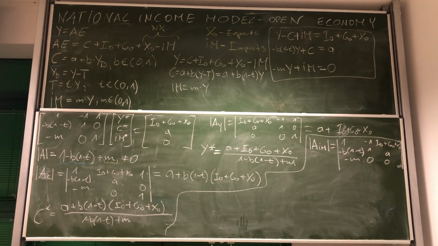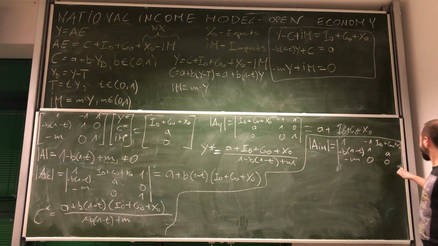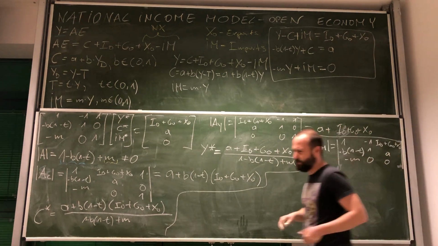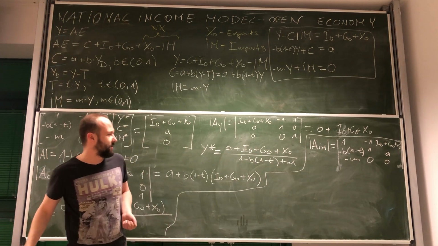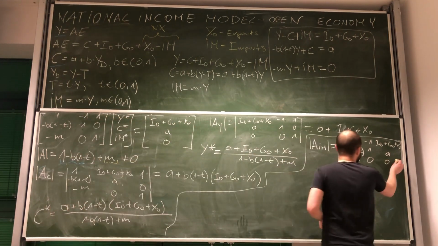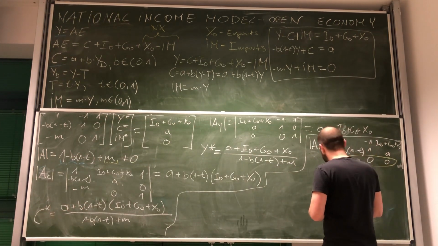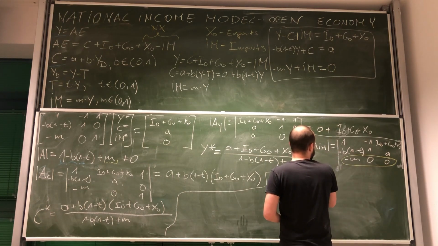In this case, we could actually use the Laplace expansion because it's really easy in this case, right? I would choose this row. And what do I get out of it?